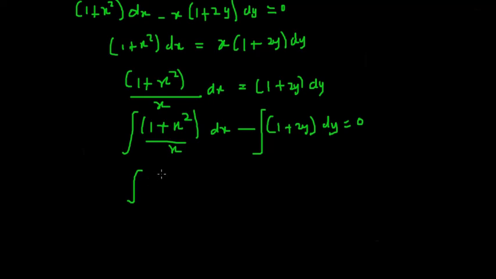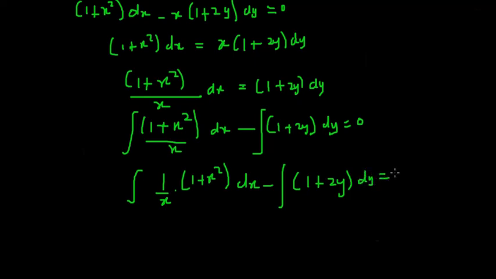This is the same as 1 over x multiplied by 1 plus x squared, dx minus this entire expression, 1 plus 2y, dy equals 0.